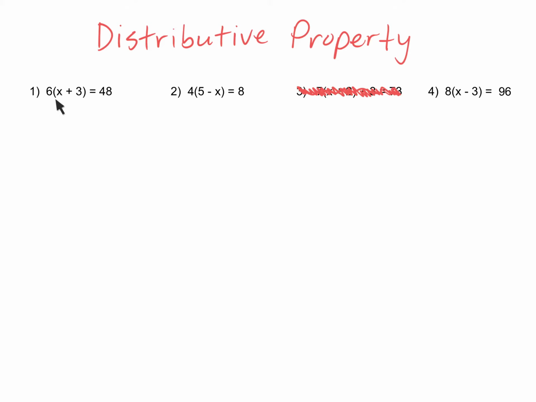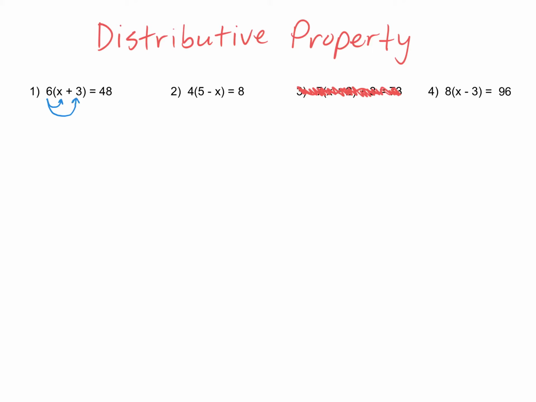We have 6 times x plus 3. Here we have 4 times 5 minus x. And here we have 8 times x minus 3. So there's just a little step you have to do before we get going with these equations. You're going to multiply 6 times x and multiply 6 times 3.